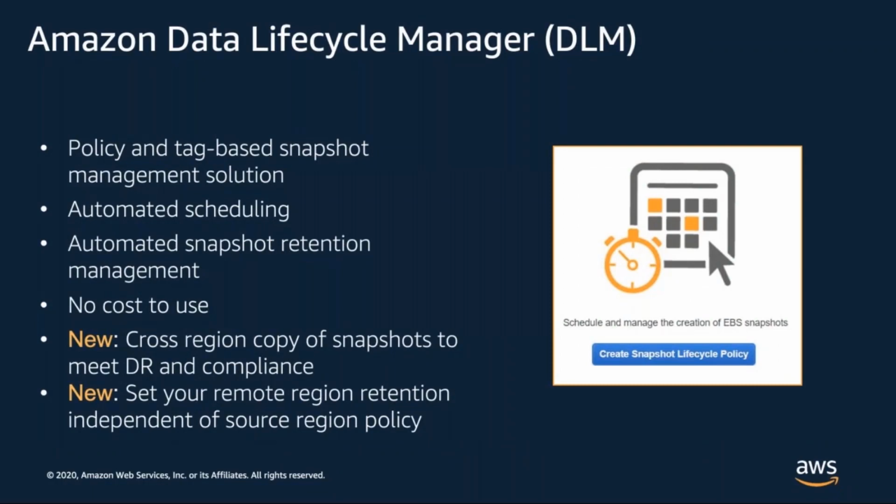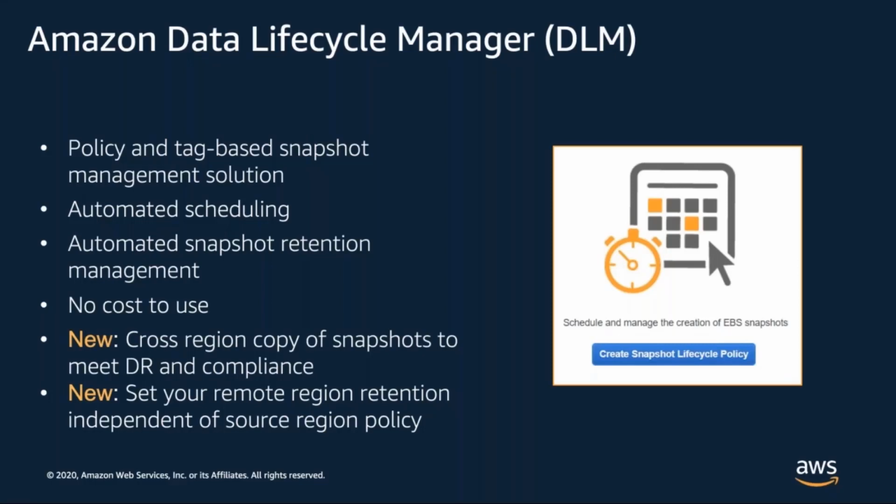We have many customers that use snapshots to restore and also enable FSR for a lot of snapshots to meet their business requirements. So for the manageability of these snapshots, we have launched many new features to Amazon Data Lifecycle Manager. Data Lifecycle Manager, or DLM for short, uses policies to define backup schedules.